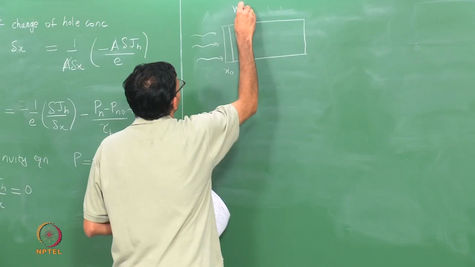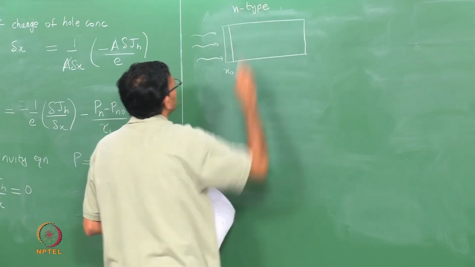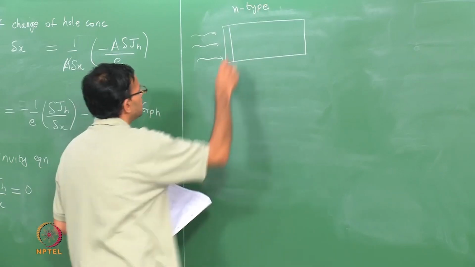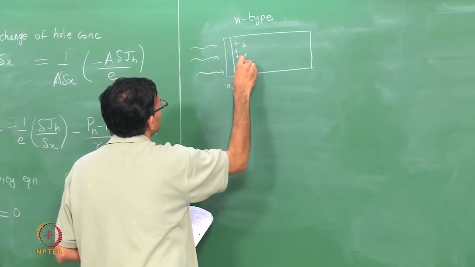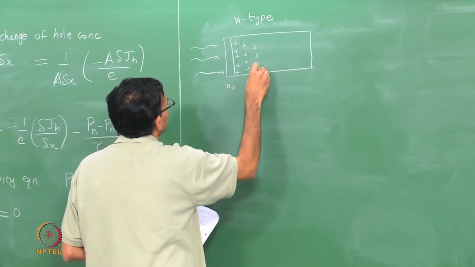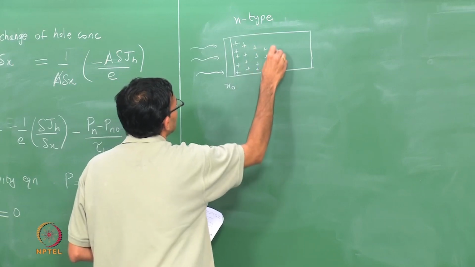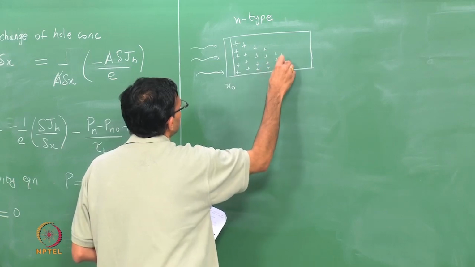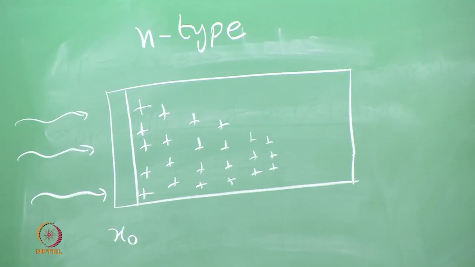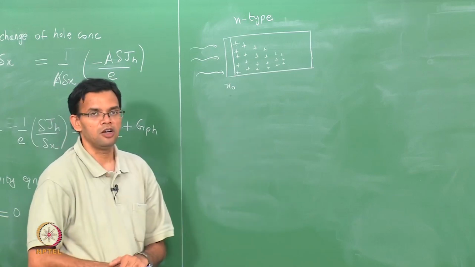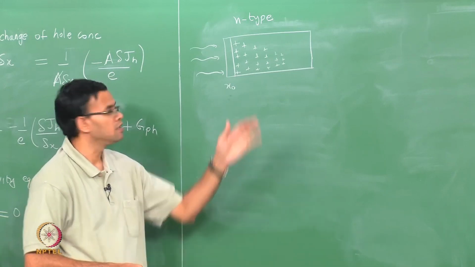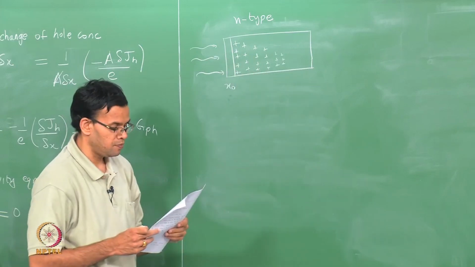So, if this is an n type material, we know that we are going to get some excess concentration of holes. I am only showing the holes, there are also electrons, and these holes will essentially diffuse within the material. So, you have light incident on the surface absorbed within some distance x naught, which are creating your electron hole pairs, which then diffuse through the material.